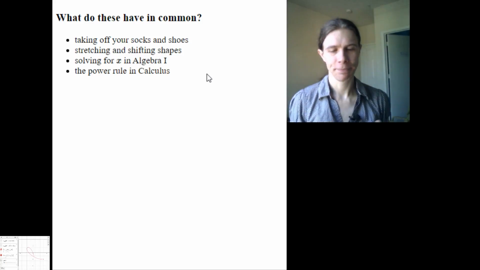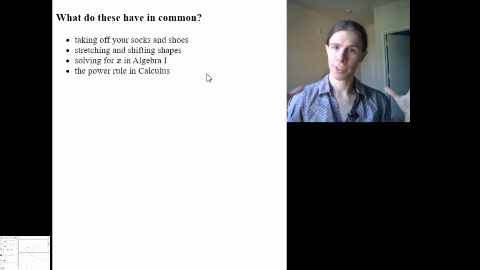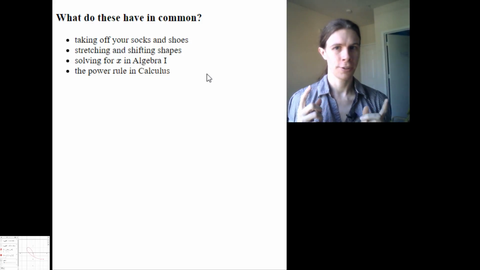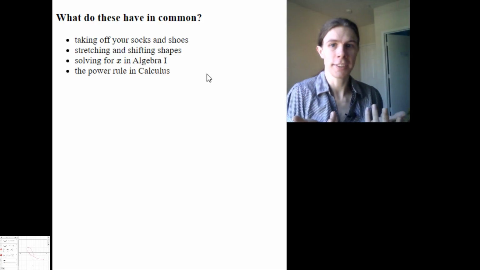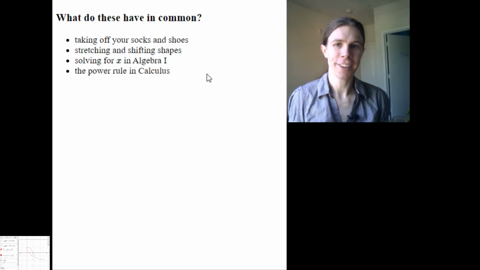At the end of the day, when you want to undo those things, first you take off your shoes and then you take off your socks. This is pretty simple. There's no other way of going about that. You can't take off your socks first because the shoes are over them, right?